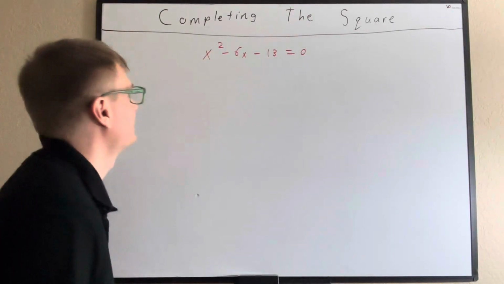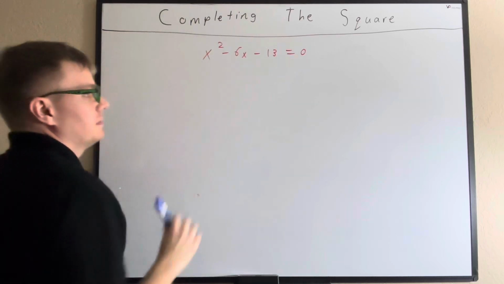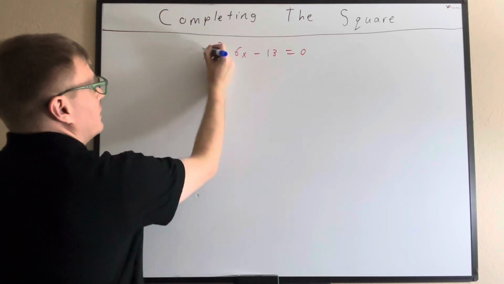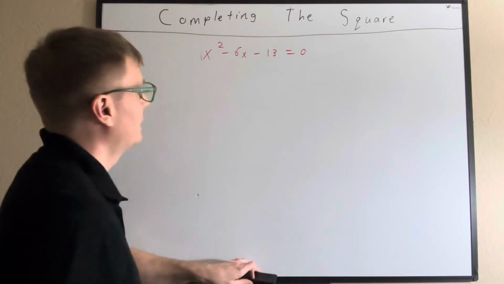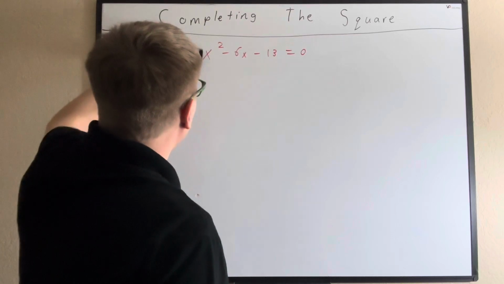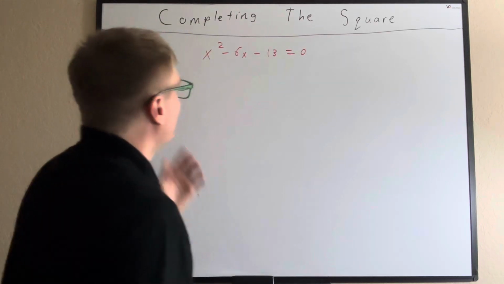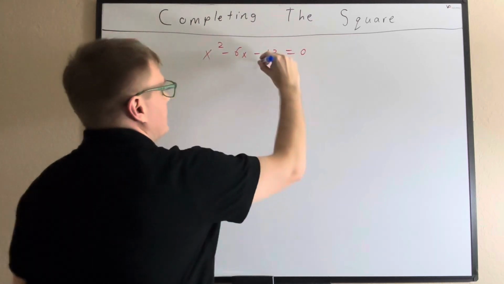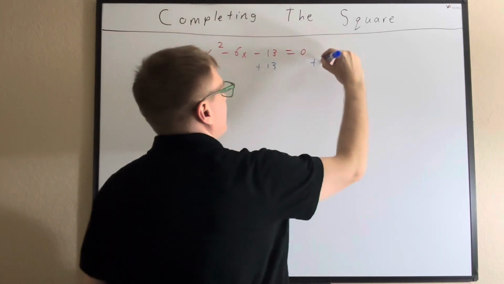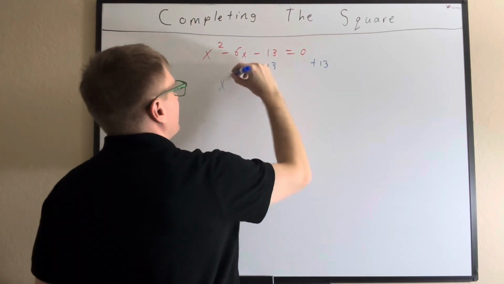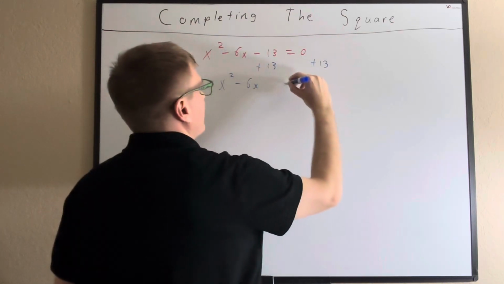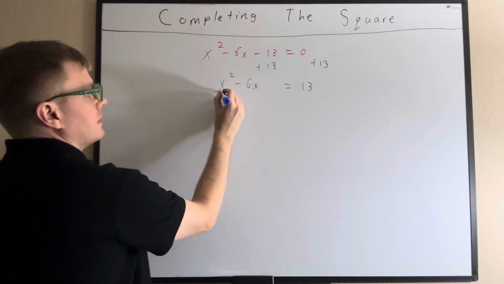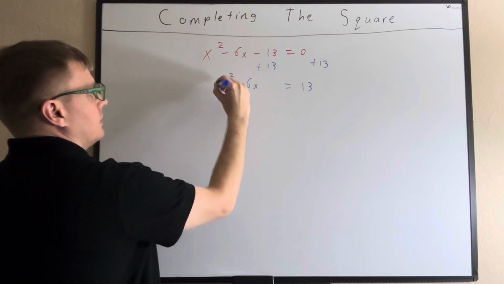One more for practice. X squared minus 6x minus 13. Now, I think you'll notice in all of my examples, a equals 1. But you can still do this. When a doesn't equal 1, when you get to the second step, you would just divide everything by whatever a is.